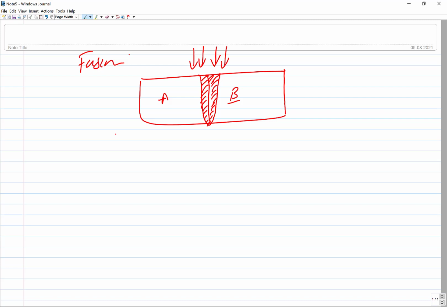But for fusion to take place, you need a lot of heat input. A lot of heat is to be supplied to the metals to be joined.